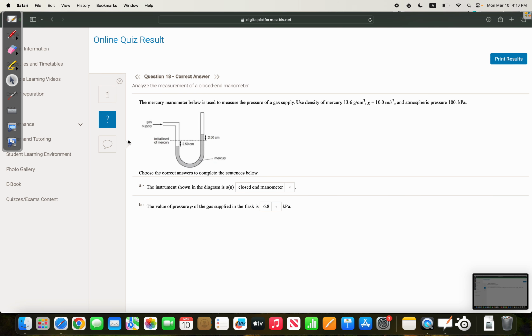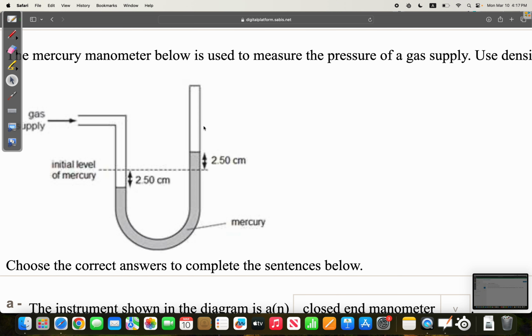Number 18. The instrument shown in the diagram is a closed end manometer because, as we can see here, it's closed. So if it's closed, that means it's a closed end.